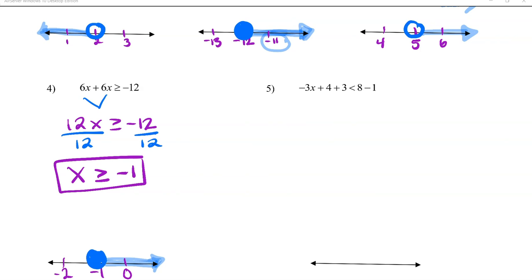For number 5, we also need to combine like terms, and we have to do so on both sides. We might as well do this all in one step. 4 plus 3 is 7, and 8 minus 1 is 7.